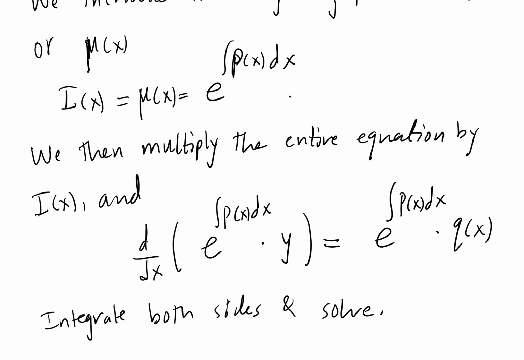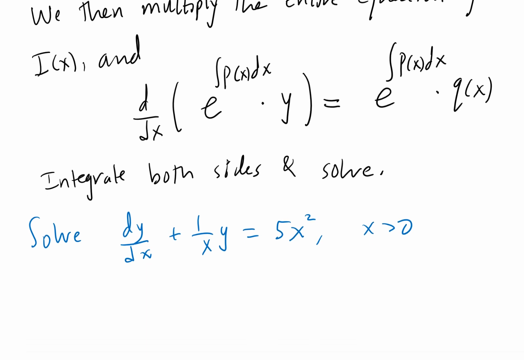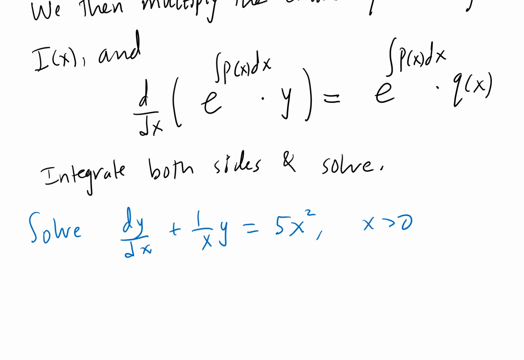So if we go back and solve the same equation, it was dy dx plus 1 over x y equals 5x squared. Notice it's already written in a standard form. So they made it easy for us. What we have to do first is to find the integrating factor I of x, e to the integral of p of x dx.